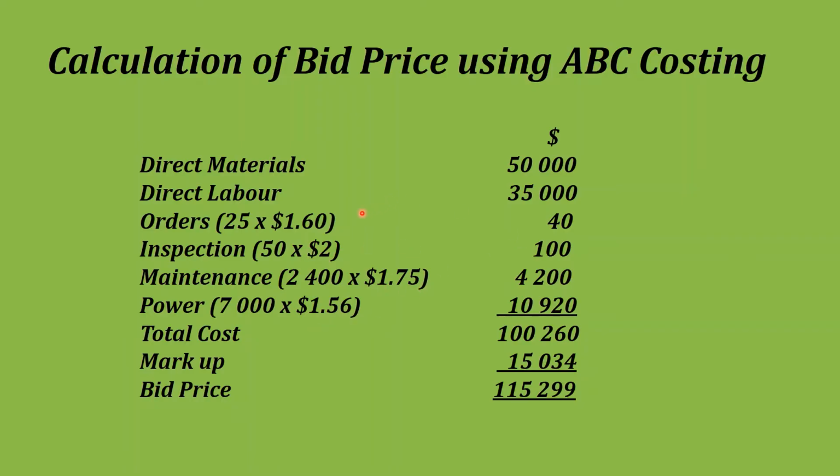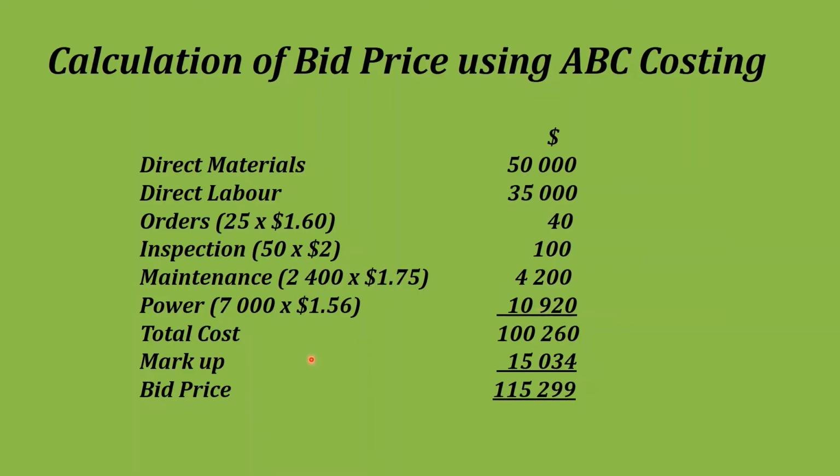And we'll get 25 orders at 160 an order is $4,000. 50 inspections at $2, 100. 2,400 hours at 1.75 gives us 4,200, and power 7,000 kilowatt at 1.56 per kilowatt hour gives us 10,920.